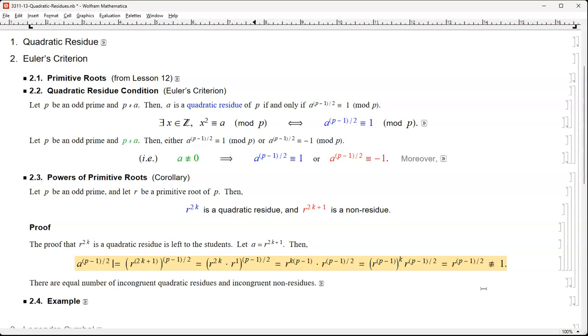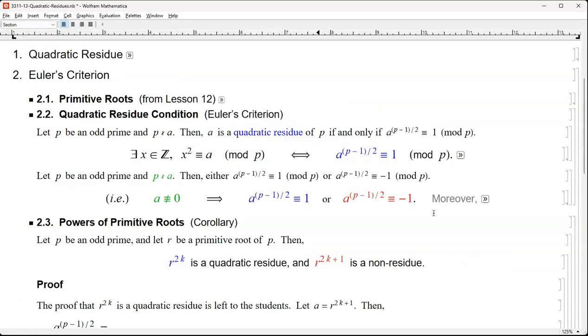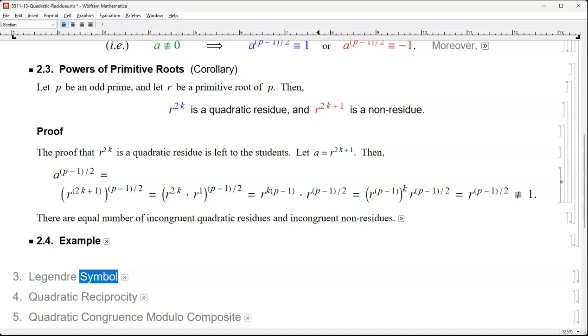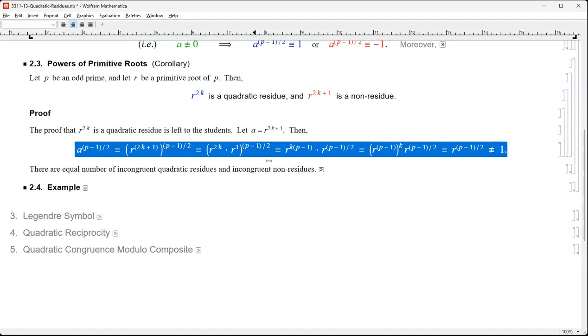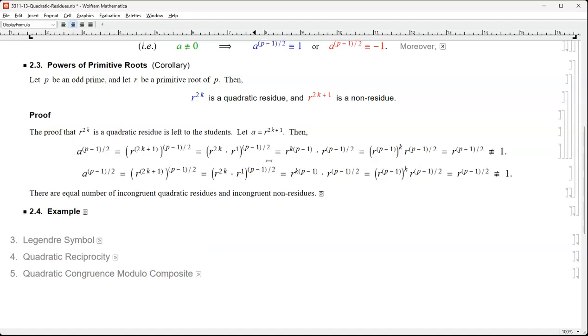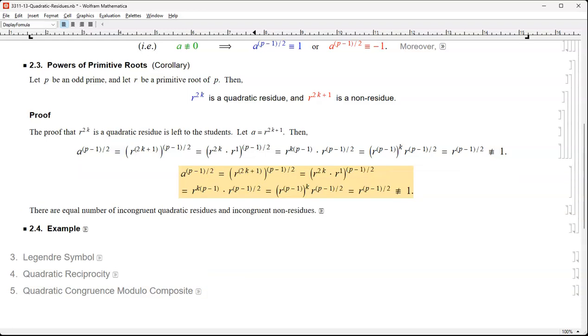We have to look at this power, so maybe it's going to be better if I expand the font. Okay, it didn't look pretty. Let's go back. Let me copy and paste this here.